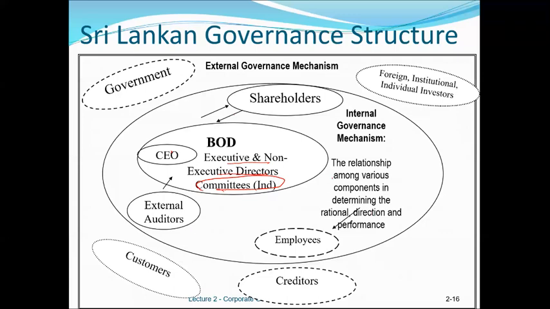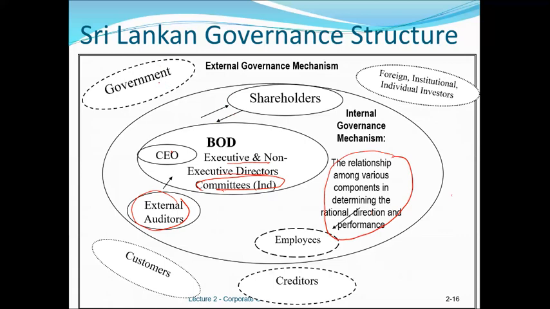So shareholders are represented by the board of directors, proxy. External governance mechanism: employees are a stakeholder. External auditors. So external auditors always see whether everything is going right, no corruption, nothing.